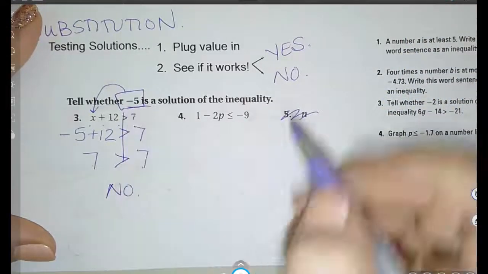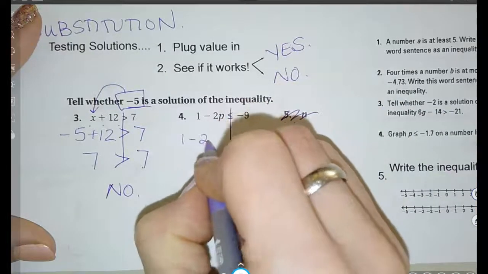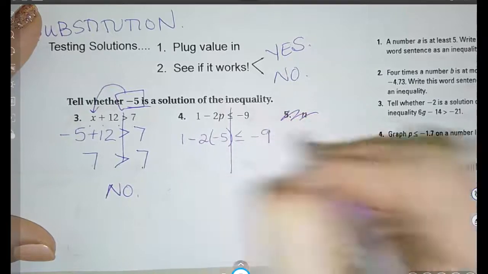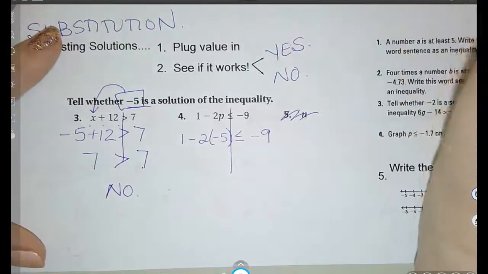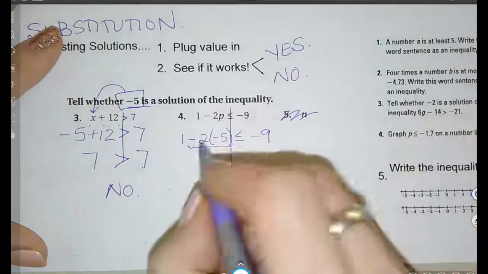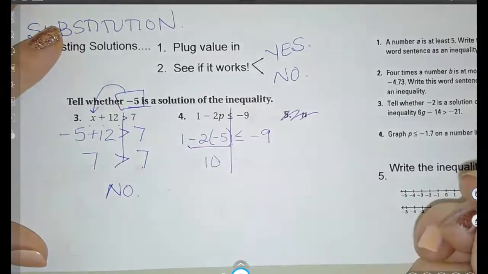Here I want to plug in -5 again and see if it works in this one. So 1 minus 2 times -5 less than or equal to -9, and I'm going to see if that's true. Well, here I have multiplication I have to do first. A -2 times -5 is positive 10.